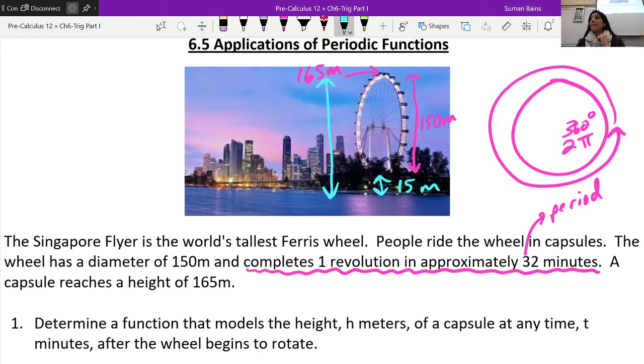Pardon? Kind of unrealistic. I'm pretty certain these are real dimensions. 15 meters, let's think about that. Have you been on a Ferris wheel? You know how you usually have to go upstairs to a platform, and that's where you actually get into the capsule?